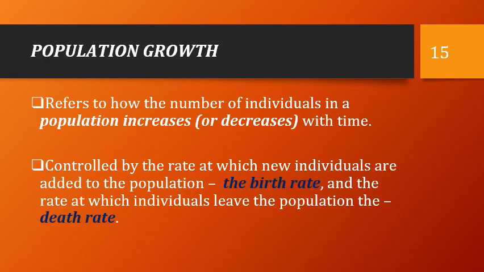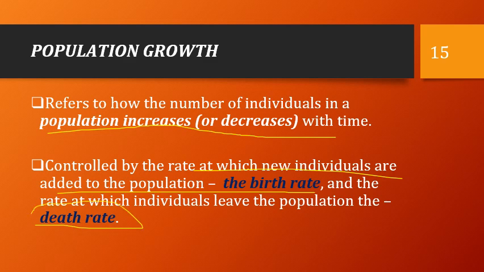So let's talk about population growth. So when we say population growth, it is an increase or decrease of population. So generally, it is controlled by the rate at which new individuals are added to the population. So we are pertaining to the natality or the birth rate, and the rate at which individuals leave the population. And of course, we also consider the death rate.